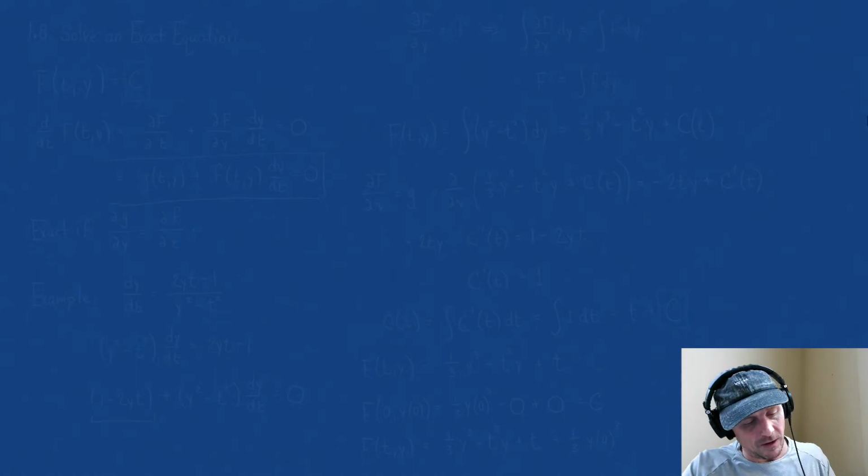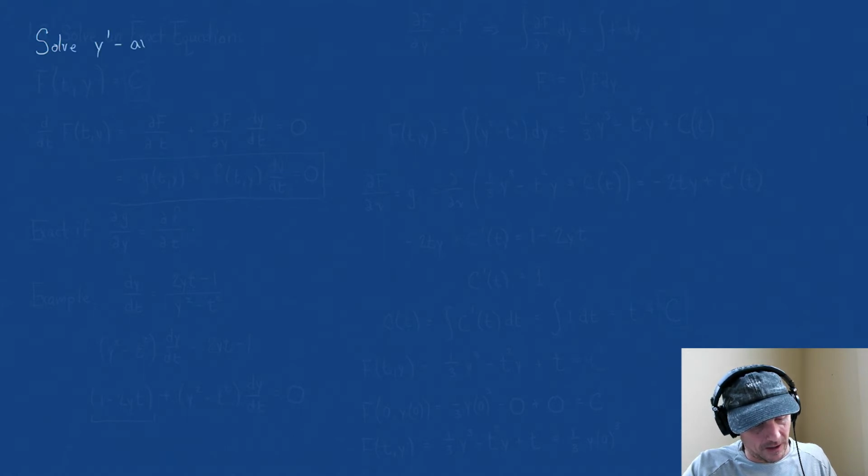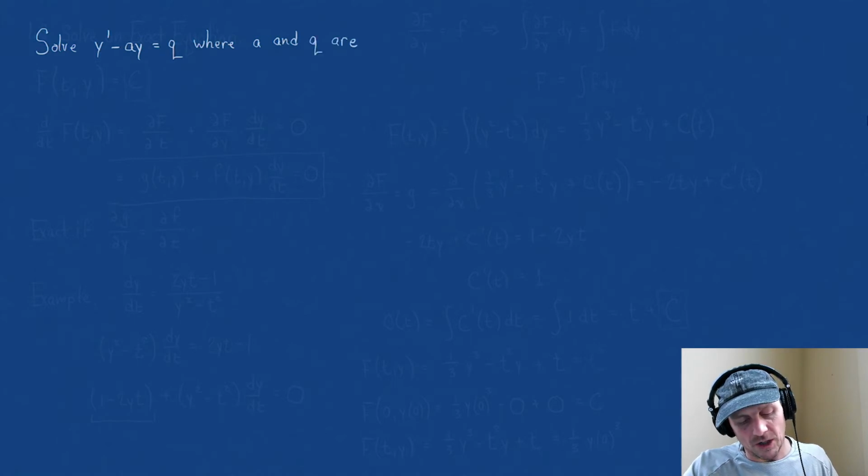We're going to solve y prime minus a y equals q, where a and q are constants.